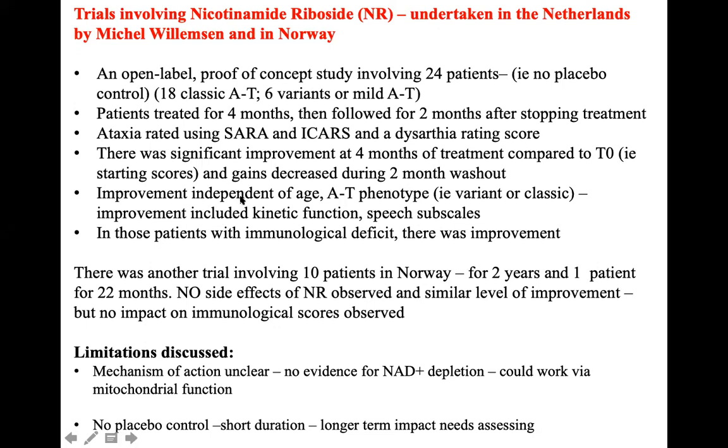That improvement was independent of age and AT phenotype, i.e. whether you're classical or variant, and included both kinetic function and speech subscales. I'm not going to go into the impact on the immunological deficit, but in some cases there was some improvement.